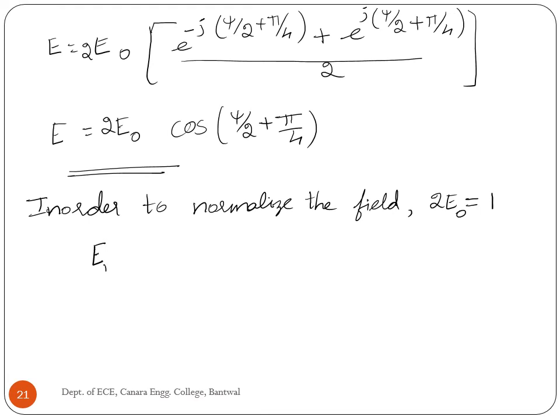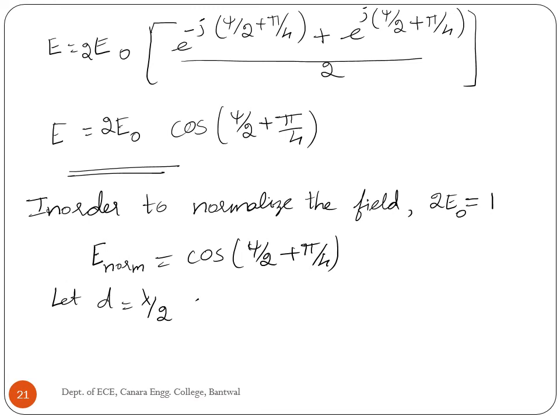Therefore, the E normalized equation is cos of (xi by 2 plus pi by 4). Let d equal to lambda by 2, then xi is equal to dr cos phi.